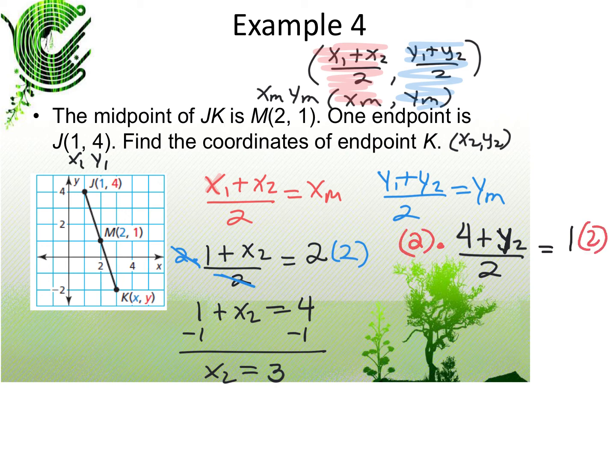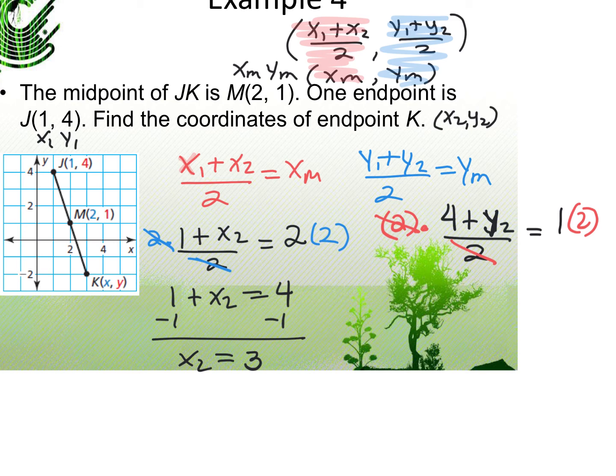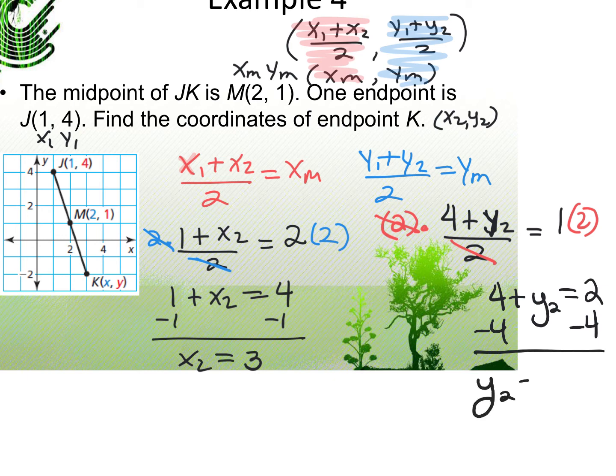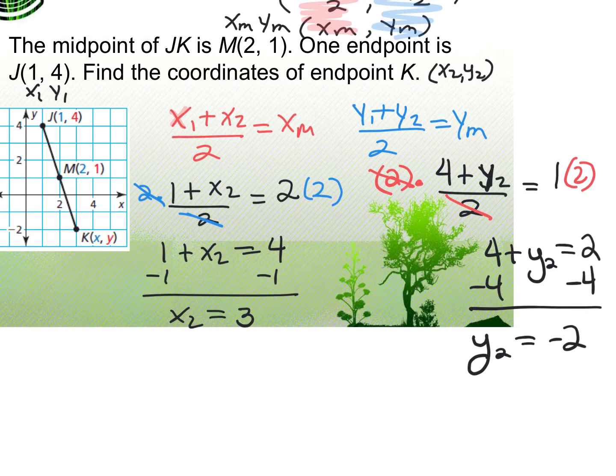I'm keeping my equation balanced. This causes it to cancel out of the denominator. And now I'm left with 4 plus y sub 2 equals 2. I subtract the 4, and the y of point K is going to be negative 2. So my new endpoint, point K, is the ordered pair 3, negative 2.